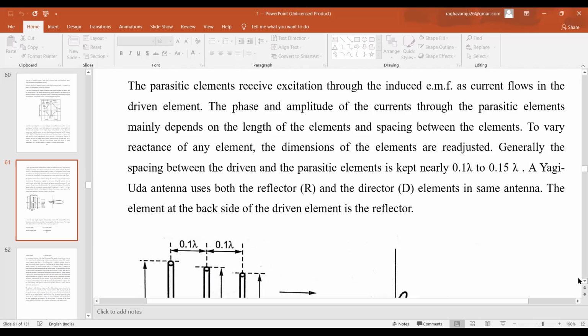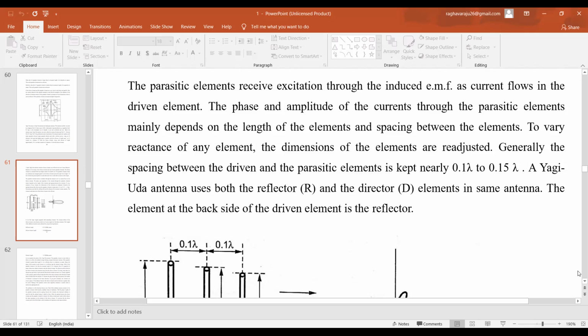The phase and amplitude of the currents through the parasitic elements mainly depend upon the length of the elements and the spacing between the elements. To vary the reactance of any element, the dimensions of particular elements are adjusted.